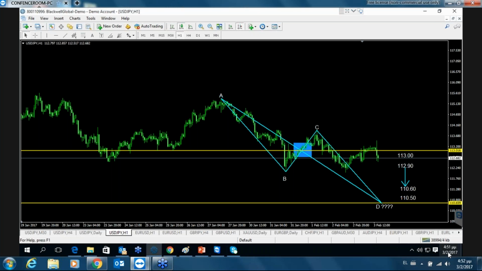Okay, so this is your USD JPY 1 hour chart, giving you a potential opportunity of an ABCD or a bearish pattern, but at the moment, not just yet.